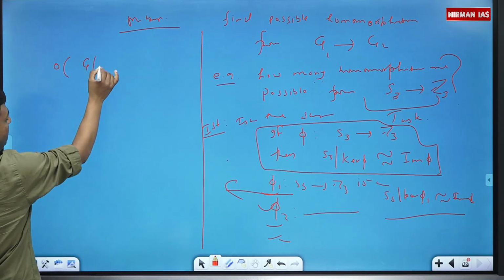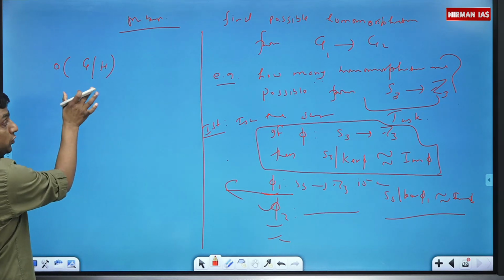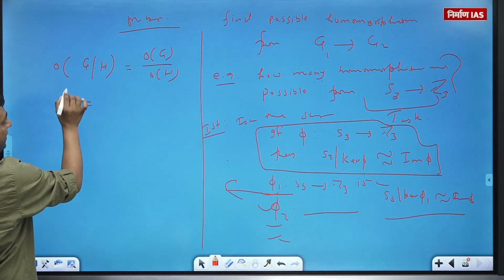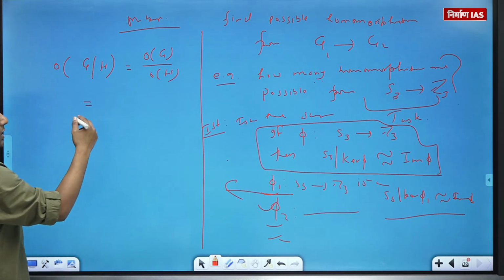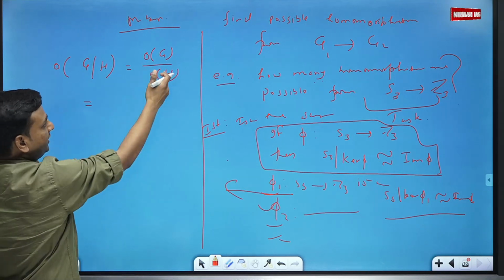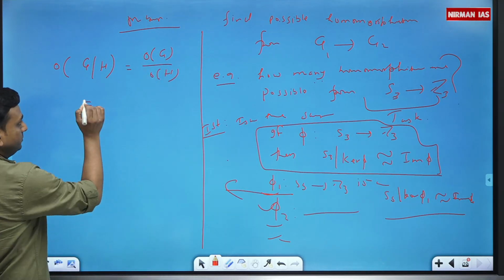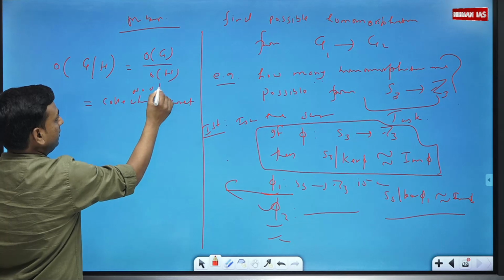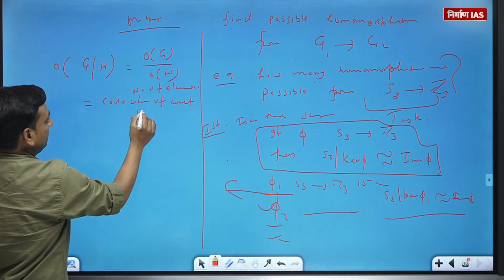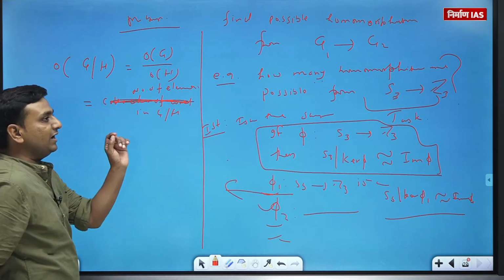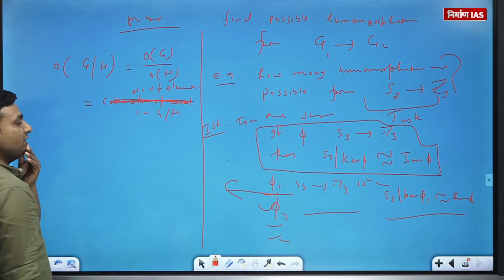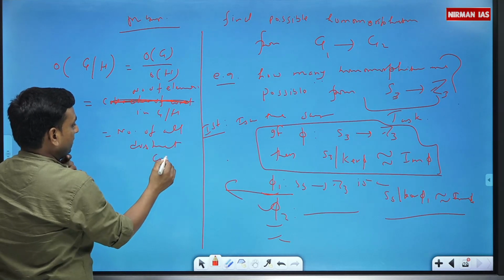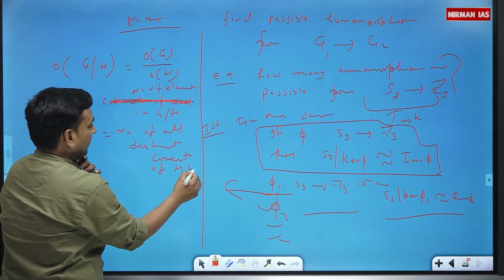The order of the coset group G/H is nothing but order of G upon order of H, or you can say the factor group G/H contains as many elements as order G divided by order H. The number of elements in the quotient group G/H will be nothing but the number of all distinct cosets of H in G.